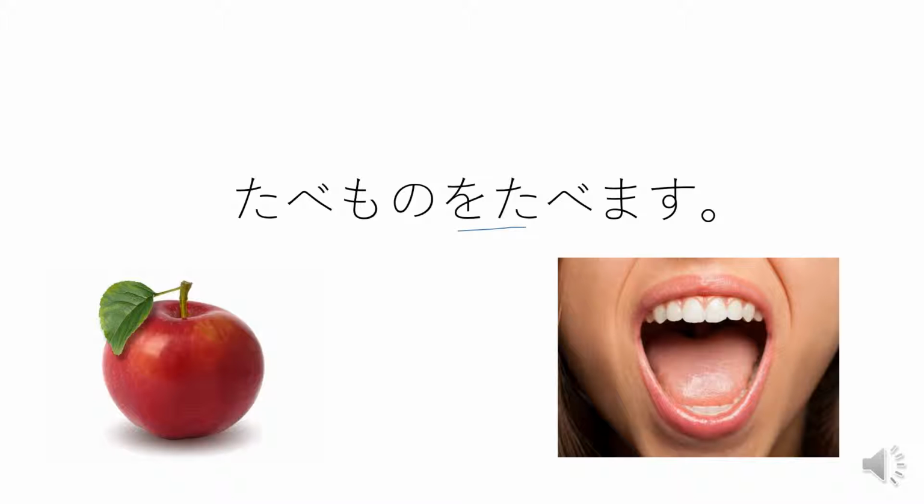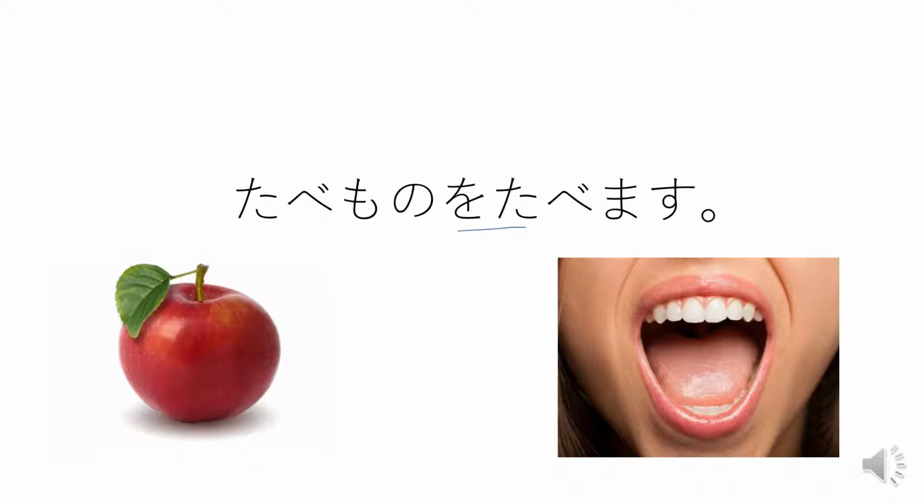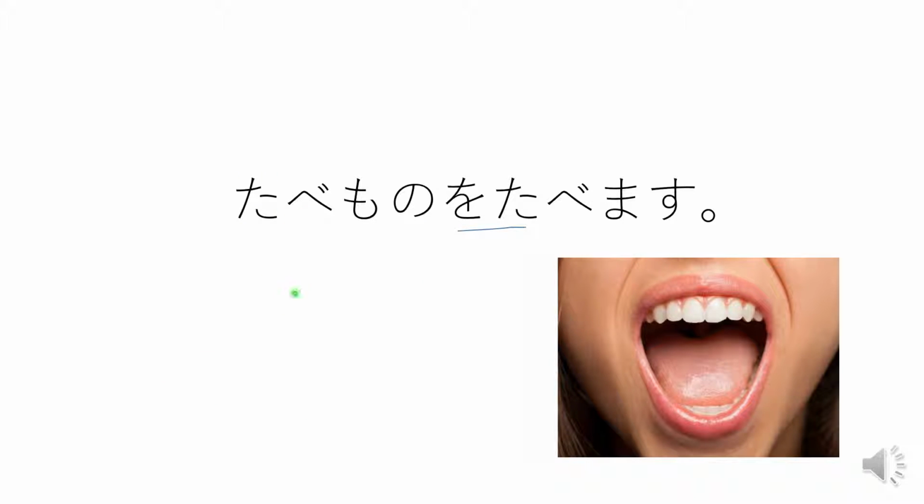食べ物を食べます. So remember here, we can have 私は or someone else's name. みちこは食べ物を食べます. So I accidentally clicked and made this happen. But you can see that the apple went into the mouth.